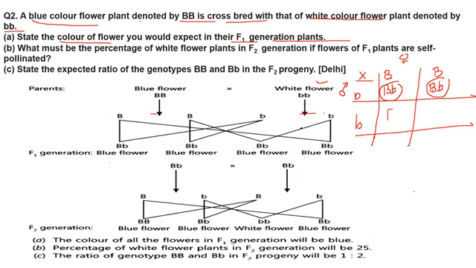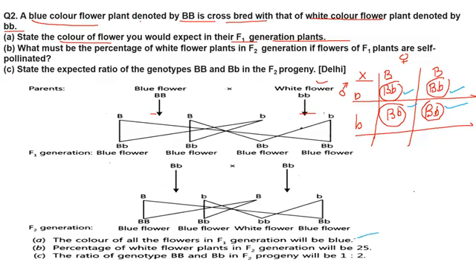Then capital B, small b, and again capital B, small b. So state the color of the flowers you would expect in the F1 generation. I can see all the flowers having a blue color. So here is the answer: the color of the flowers in the F1 generation will be blue.